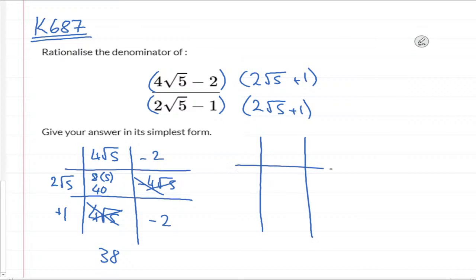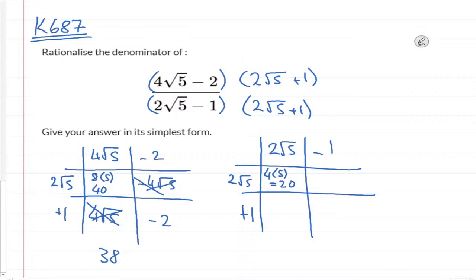On the bottom, I've got 2 root 5 minus 1, 2 root 5 plus 1. Right. What is 2 root 5 times 2 root 5? What is 2 times 2? 4. Root 5 times root 5 is 5. Think about them separately. 4 times 5 is what? 20.